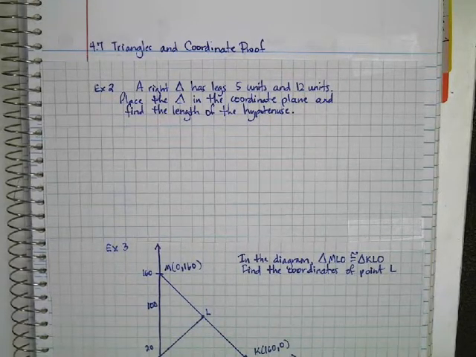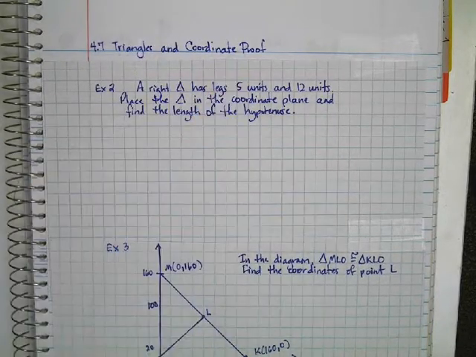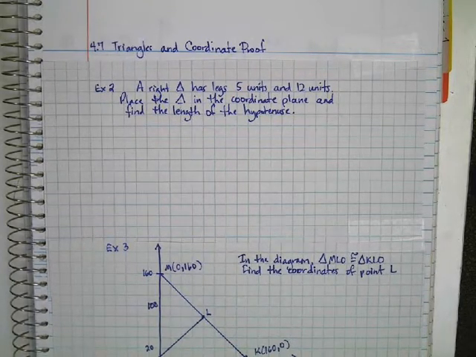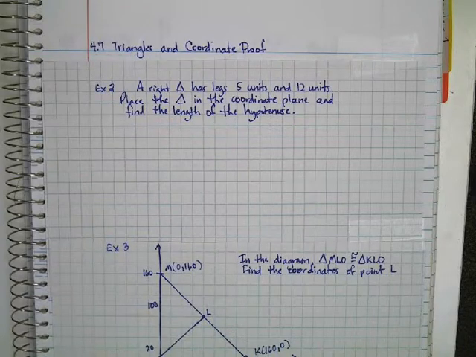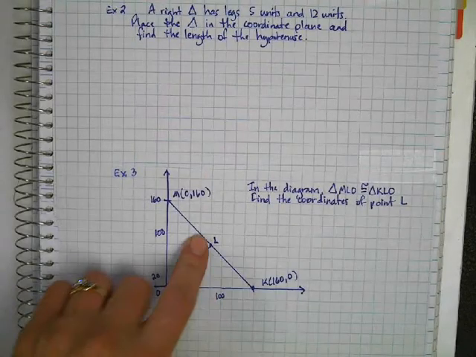The last section that we're going to talk about is triangles and coordinate proof. In the proof packet that you had last class, you had to do a little coordinate proof, so you got kind of a taste of what that's like. Coordinate proofs are proofs that are done on graph paper.